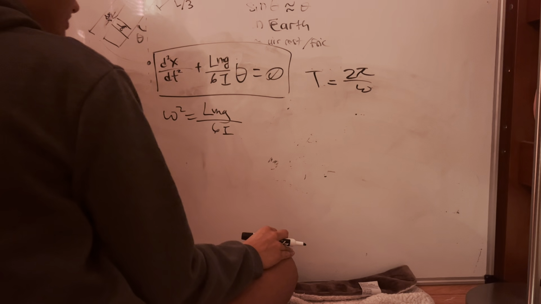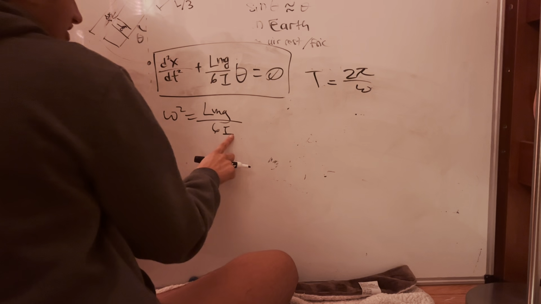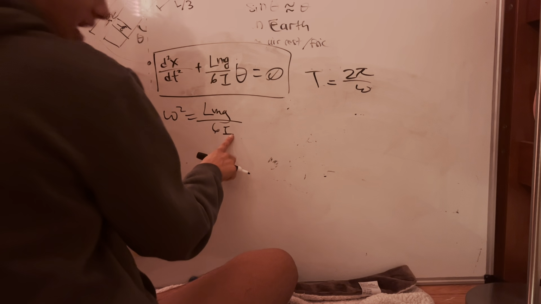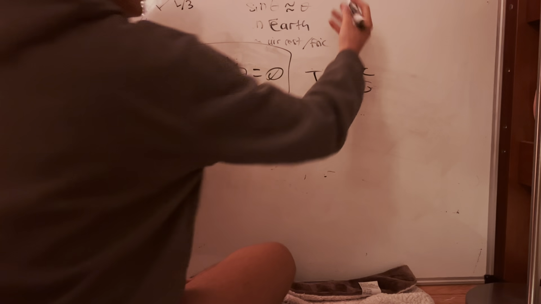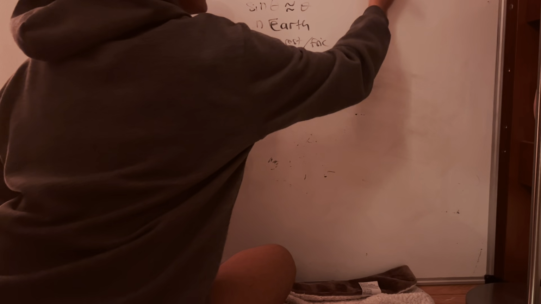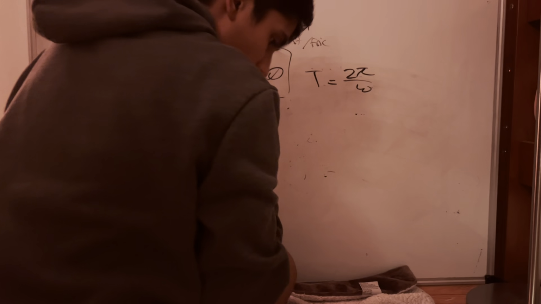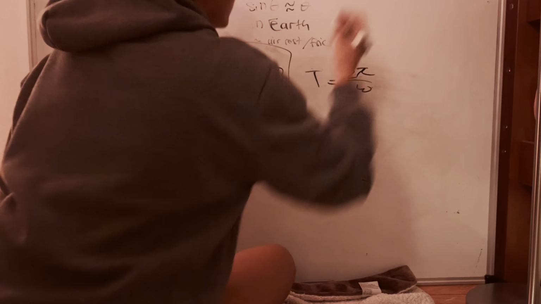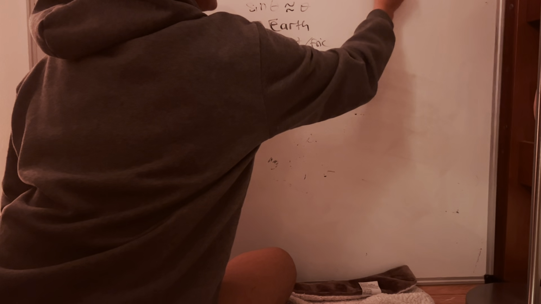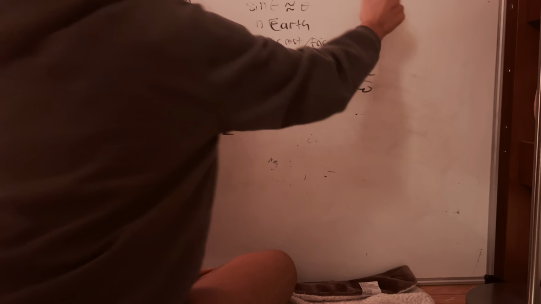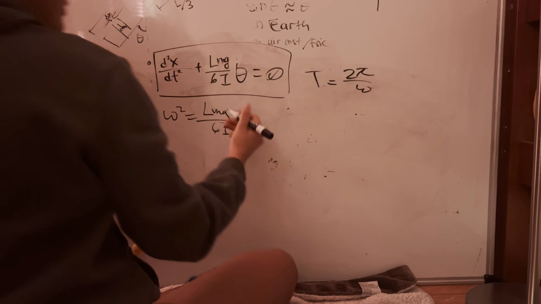And we can just plug in for I, which we solved in part A, that I is equal to ml squared over 9. So we can plug that in over here.